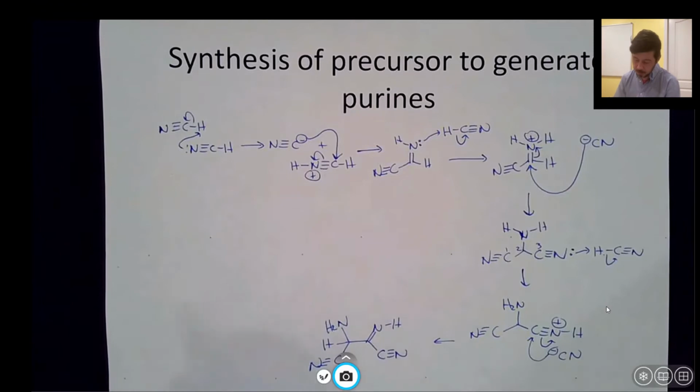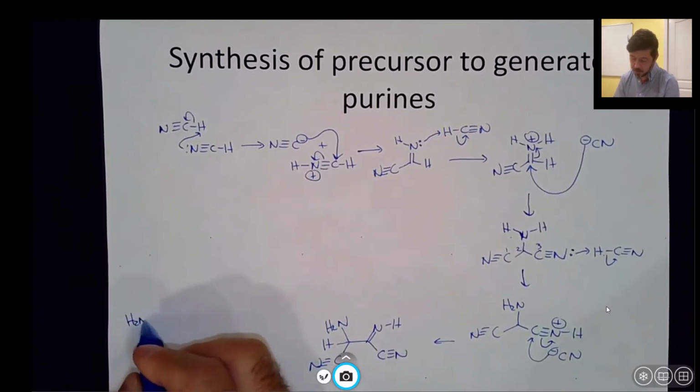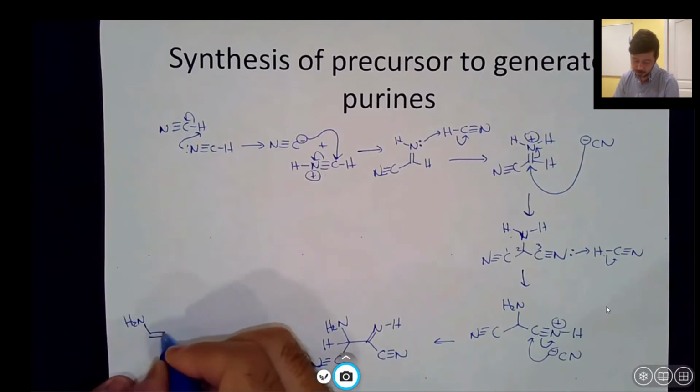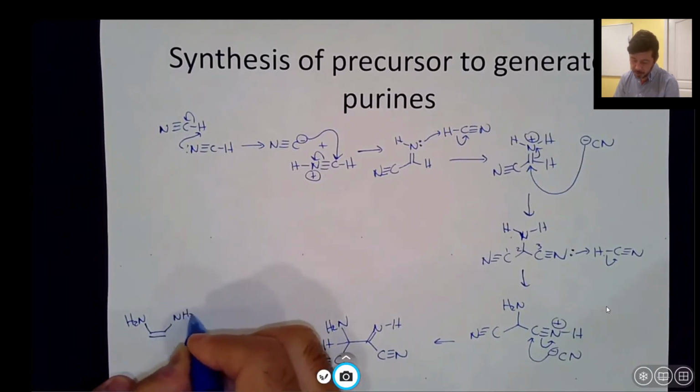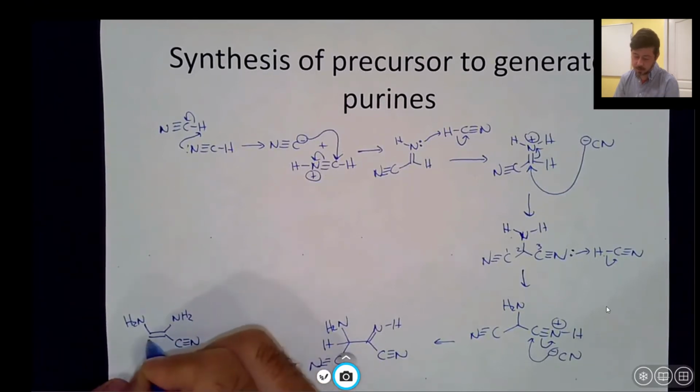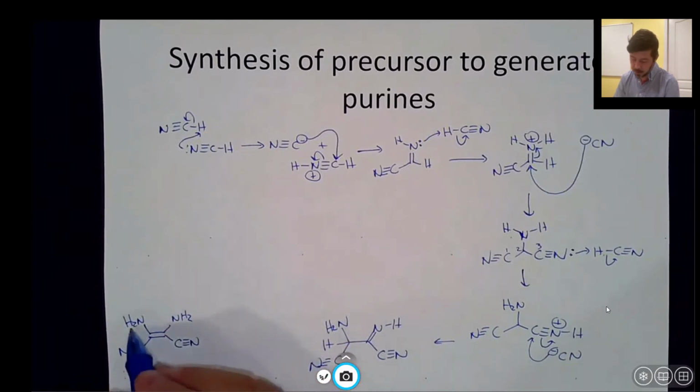Now the molecule that we want to end up making, it's not adenine yet, like I said, it's a precursor to adenine, is this molecule here. It's called diaminomalononitrile.